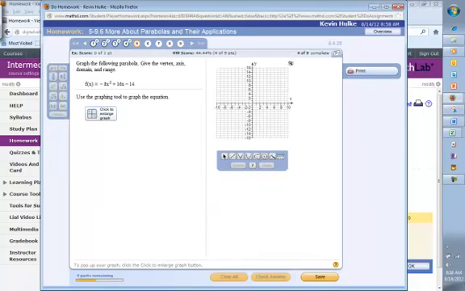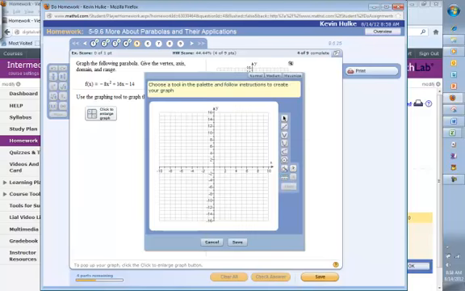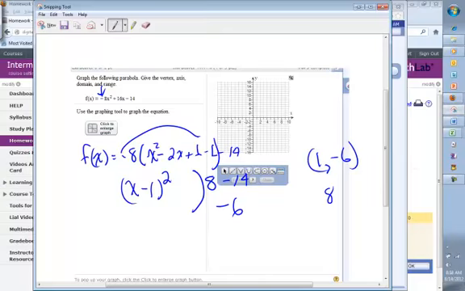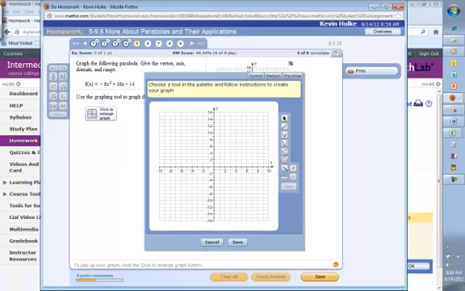So I'm going to click to enlarge the graph. I forgot what it was. 1, -6. Over 1, down 6. Oops.